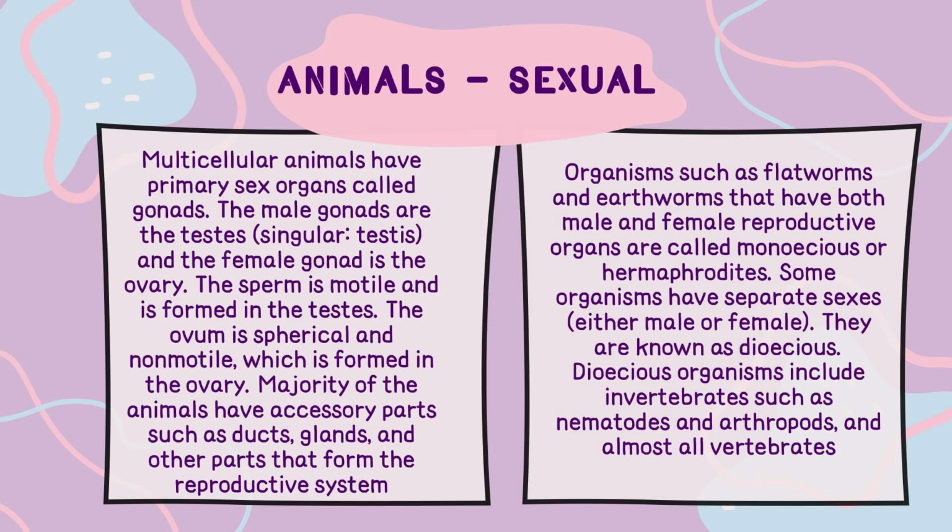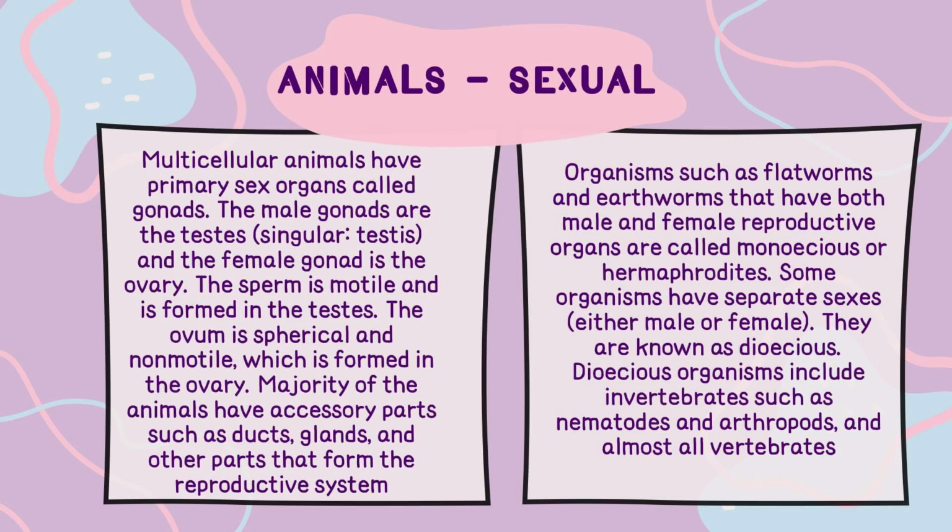So, organisms such as flatworms and earthworms have both female and male reproductive organ are called monoecious or hermaphrodites. Okay, so yung earthworm at saka yung flatworm o yung mga organism na merong pareho o yung mga hayop na merong parehong female and male reproductive organ, ang tawag po sa kanila ay monoecious or hermaphrodites.